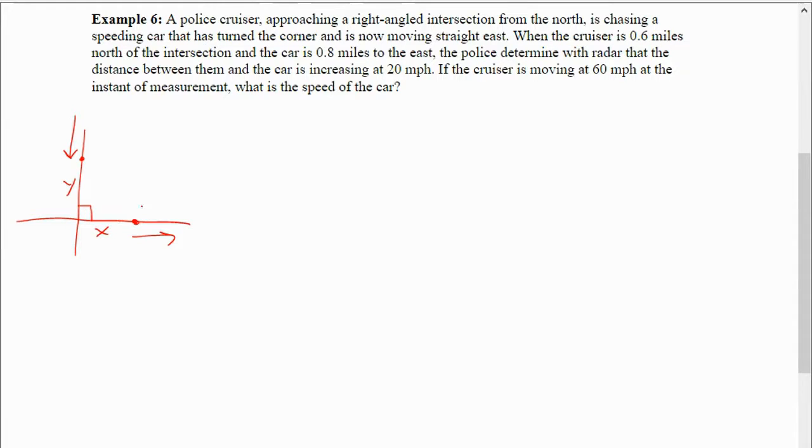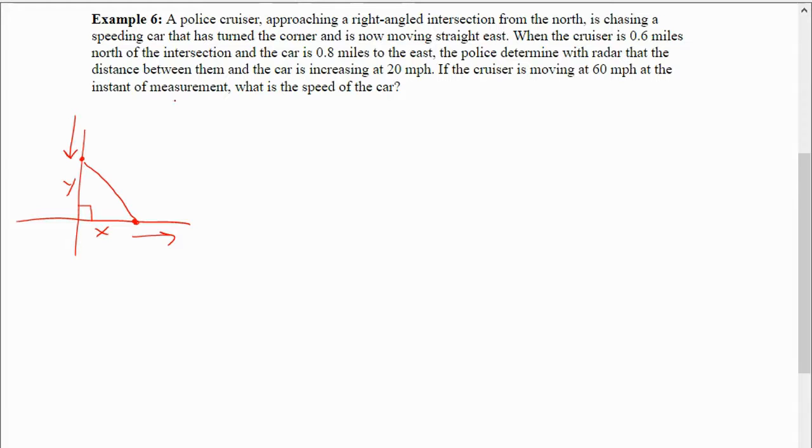So this is some x distance to the east, and the police determined with radar that the distance between them and the car is increasing at 20 miles per hour. So that's this distance here. And if the police cruiser is moving at 60 miles per hour at the instant of measurement, what is the speed of the car? Okay, so let's just write all this out.